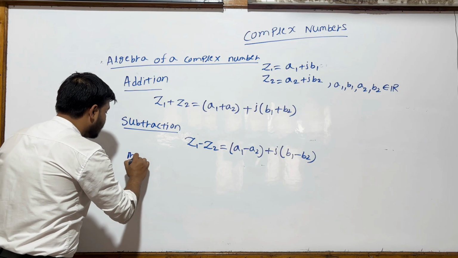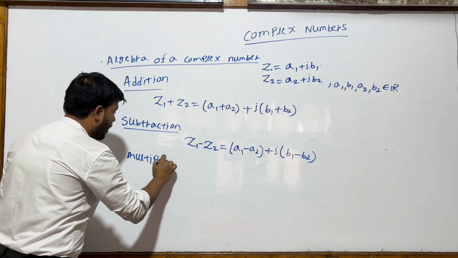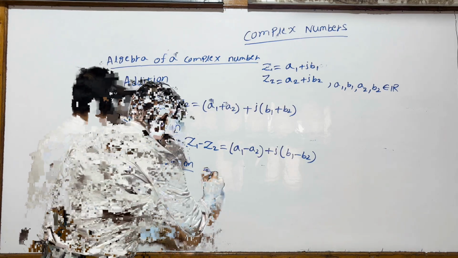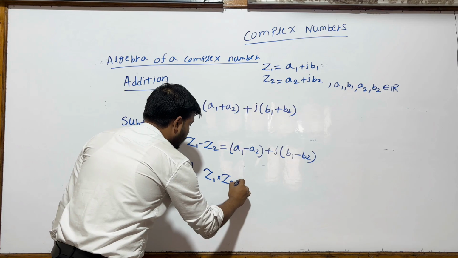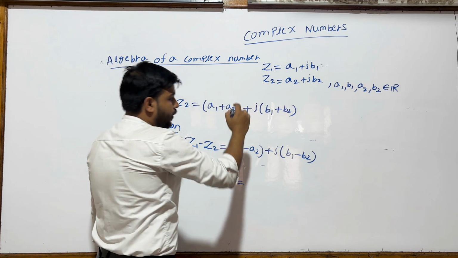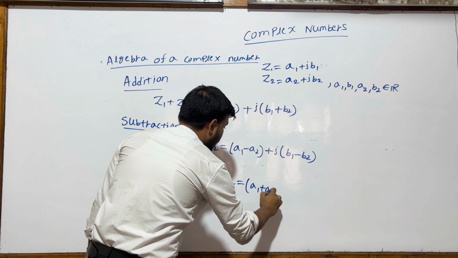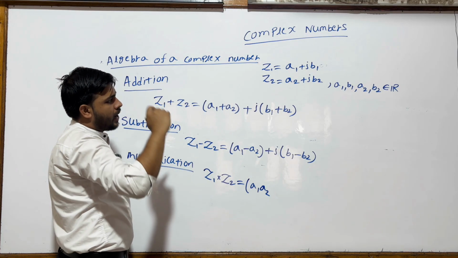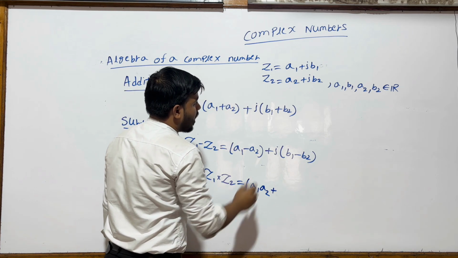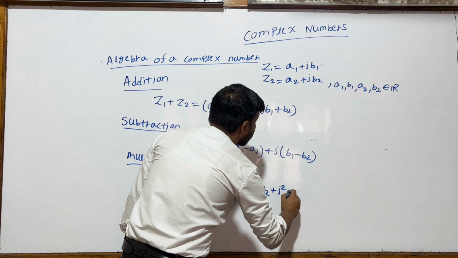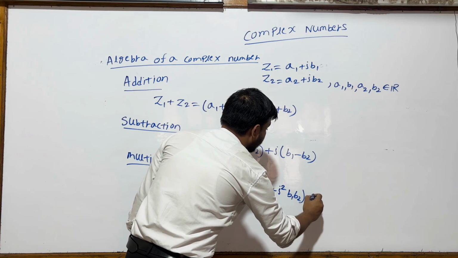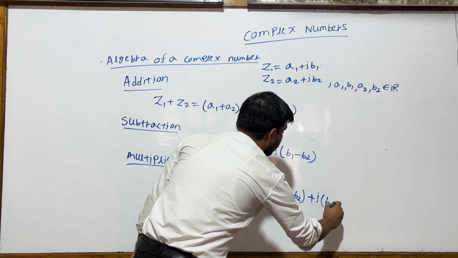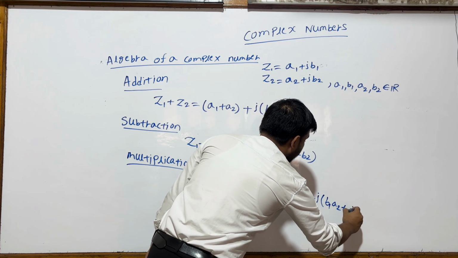What about multiplication? z1 into z2: a1 into a2 plus i square b1 into b2 plus i times b1 a2 plus a1 b2.